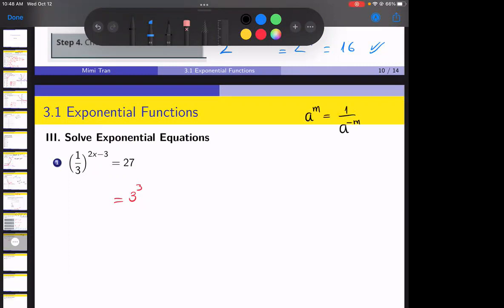So if I have 1 over a to the n, it changes to a to the negative n over 1, but we don't write that. So maybe we pick the second one. I have 1/3. I need it to be 3. So 3 to the what power? Very good. So 3 to the negative, and then I'm going to put a parenthesis, so that means the negative is for both numbers. Both of them are powers.